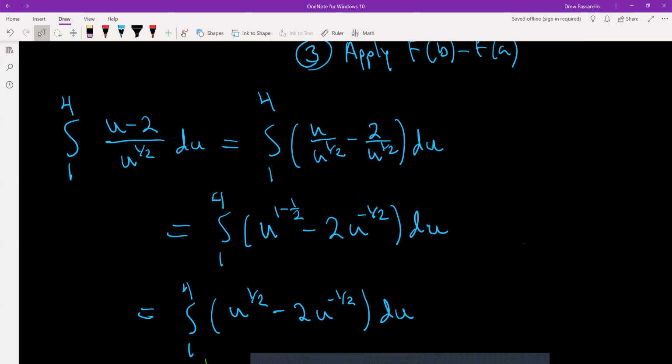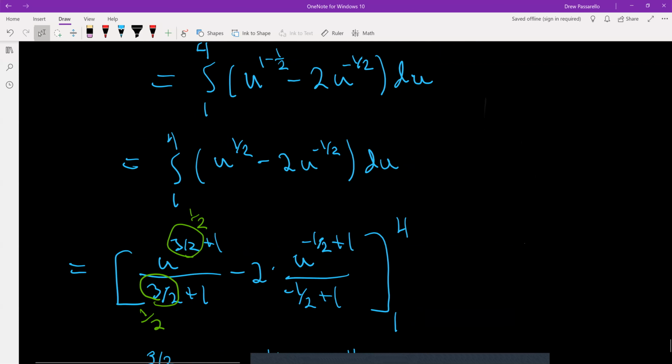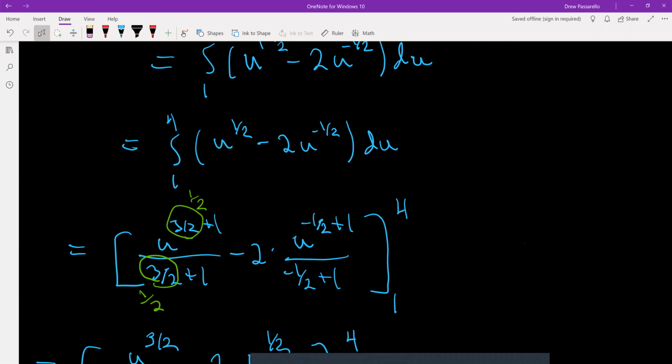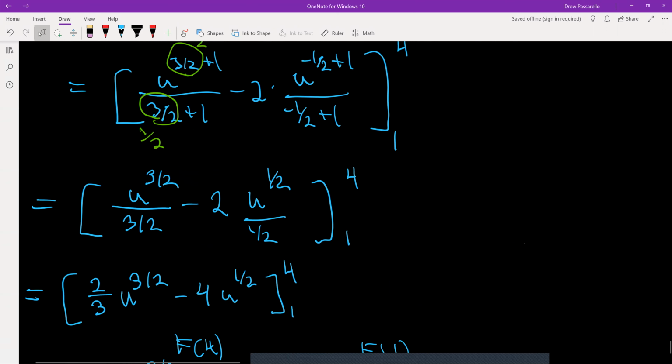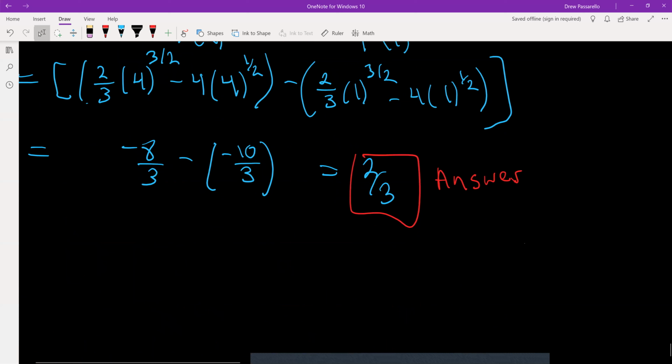I changed the square root of u as u to the 1/2, and then I separated into two fractions, simplified each particular term, to where I have u to the 1/2, then minus 2 to the -1/2, so I can apply that power rule for integration that I've been using. Then I did the fundamental theorem, and you get 2/3.